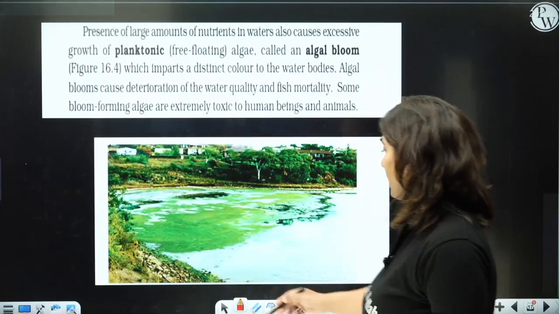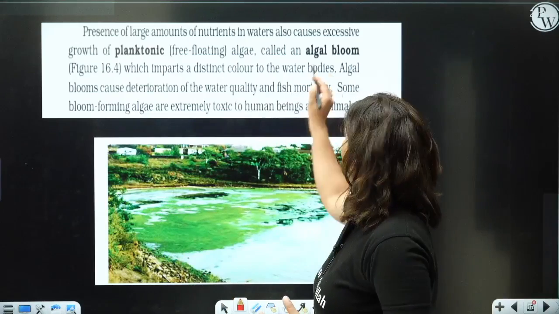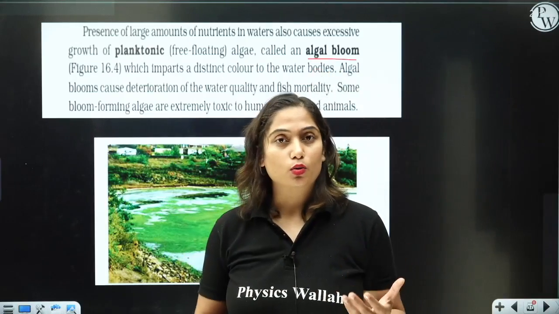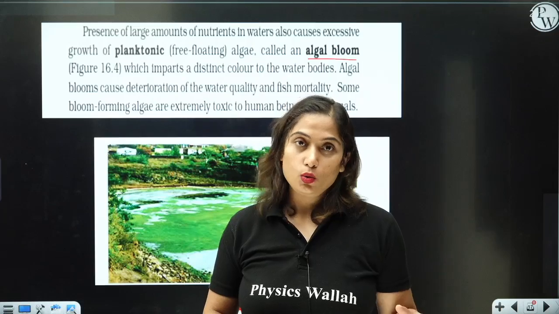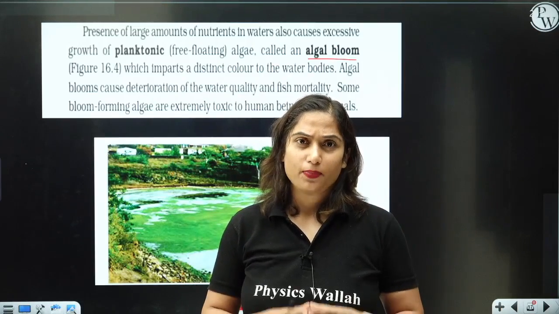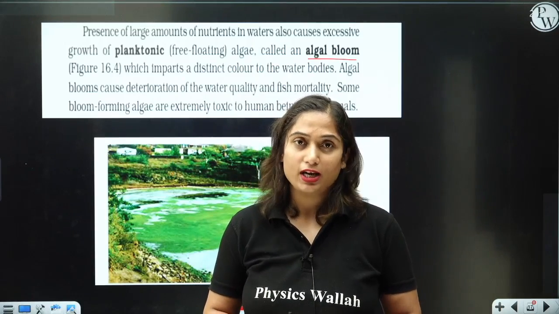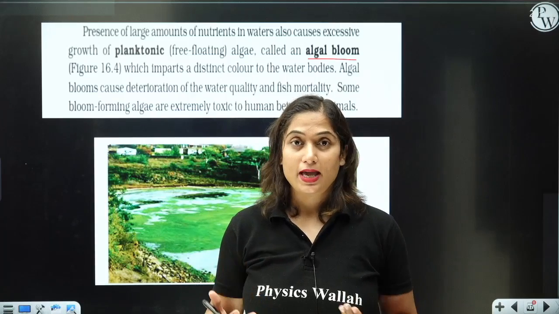Now, algal bloom. There is one more thing which pollutes the water, and that is called the algal bloom. What happens in polluted water bodies which have a high amount of pollutants? Those pollutants act as nutrients for several algae, blue-green algae like Oscillatoria and Anabaena.